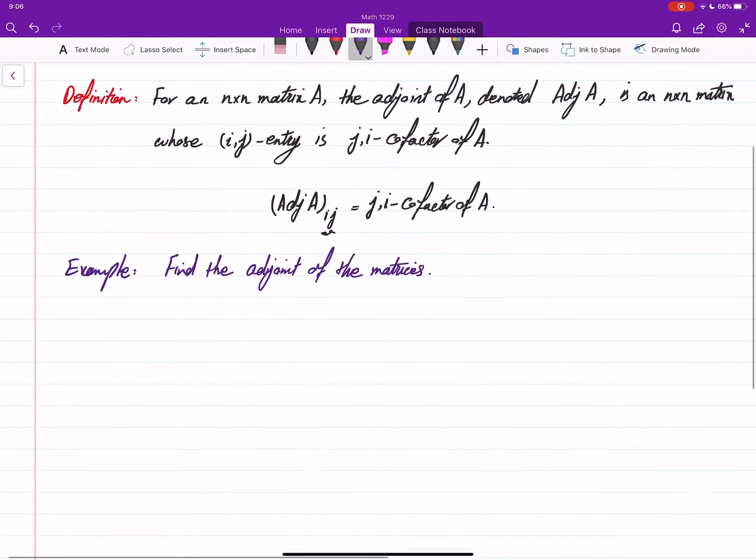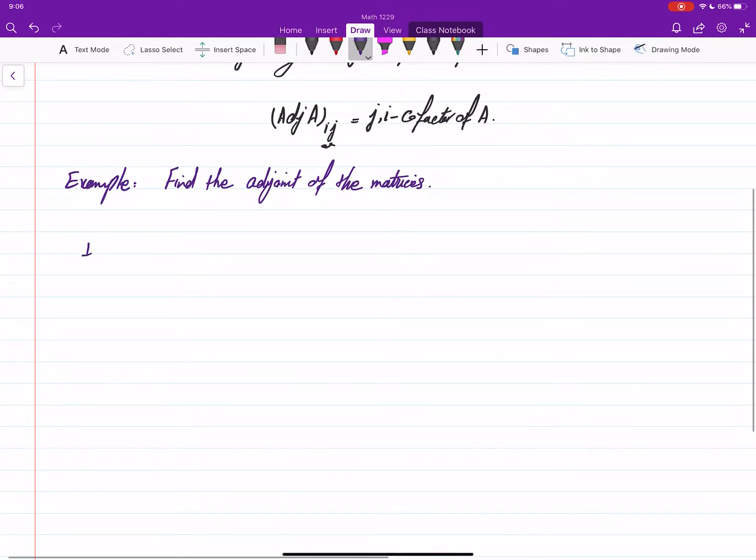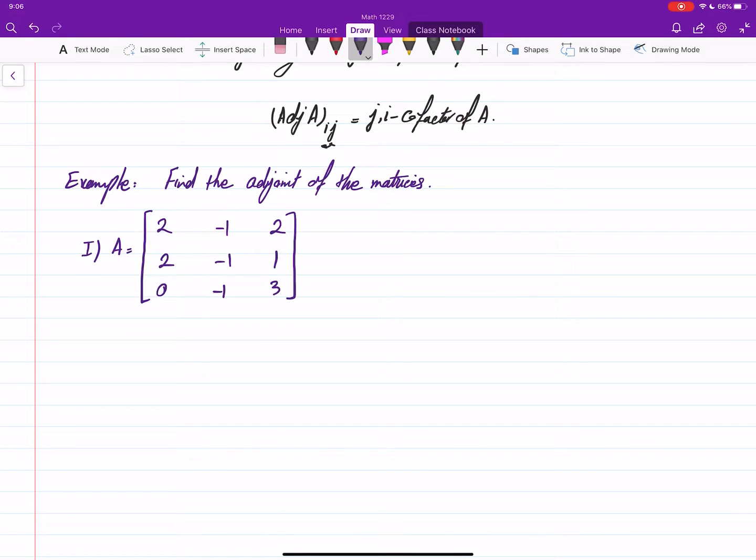Okay, so the first one is a 3 by 3 matrix: 2, -1, 2, 2, -1, 1, and 0, -1, 3. Well, we know that adjoint of A is a 3 by 3 matrix, yes?